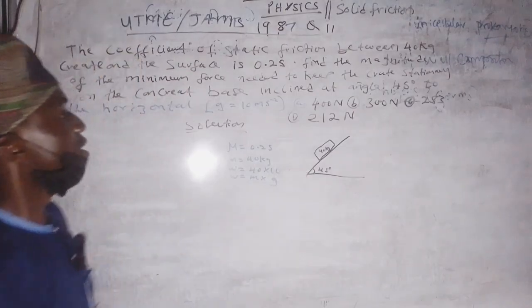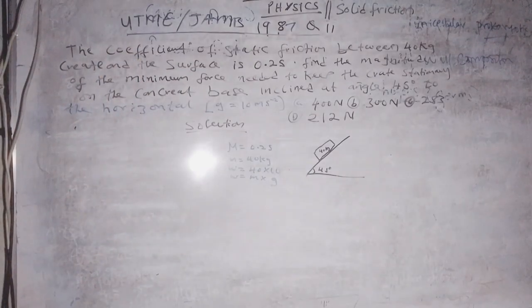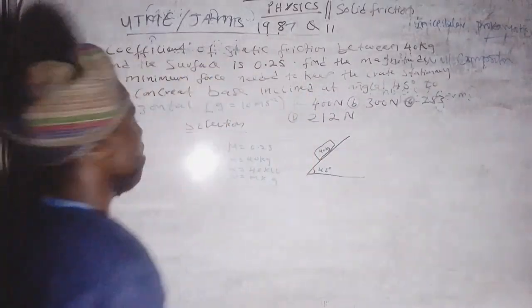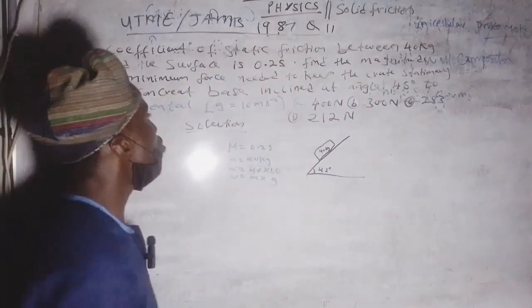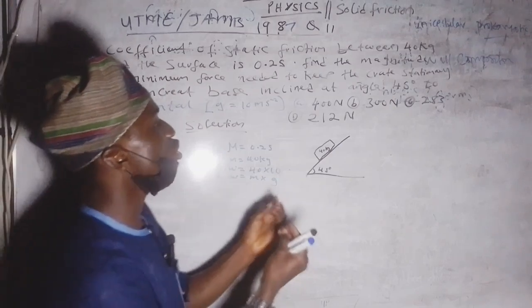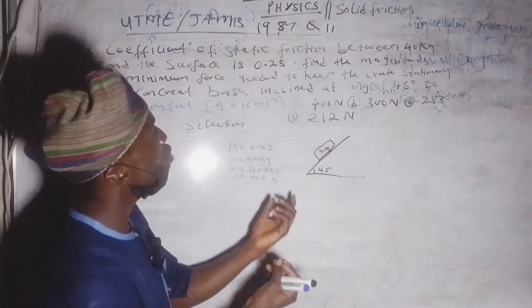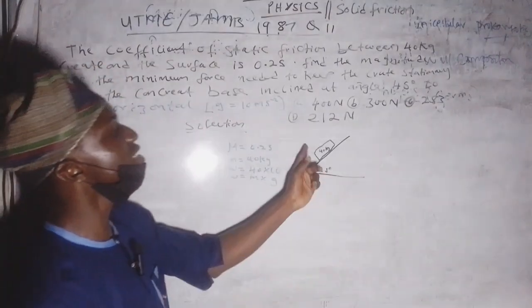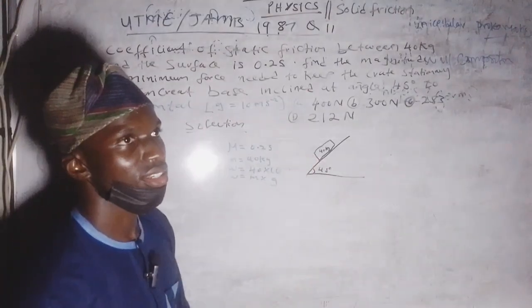So now, what are we asking? They gave us the coefficient of static friction. Find the magnitude. Magnitude means amount. So the amount of the minimum force required to keep the crate stationary. Definitely, this crate is trying to fall.